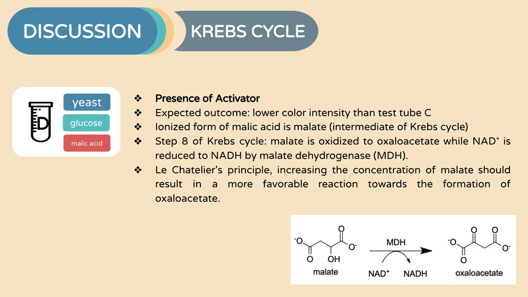As a result, test tube D is expected to have a higher rate of decrease in color intensity. However, contradictory to theoretical results, it was observed that there was still little change in the color intensity. This error may be caused by an insufficient amount of mineral oil, which failed to prevent oxygen from oxidizing methylene blue.